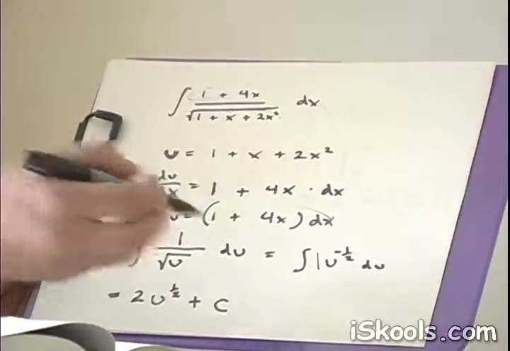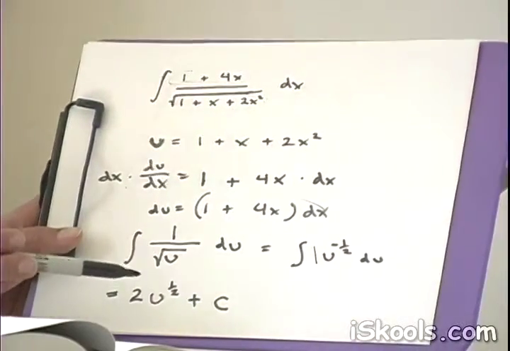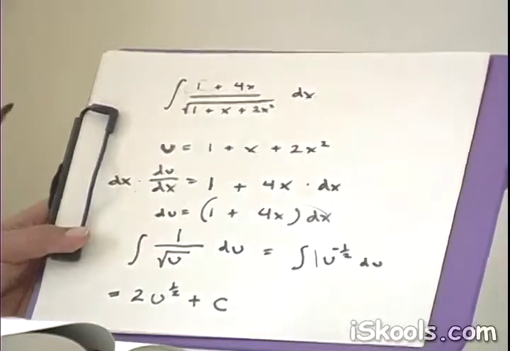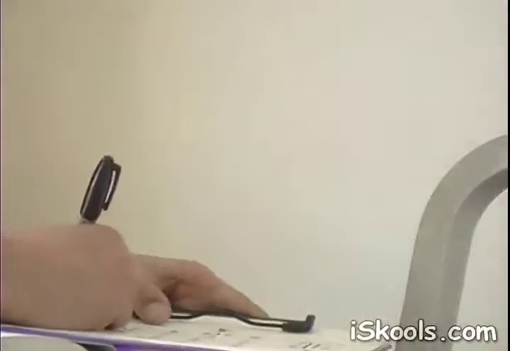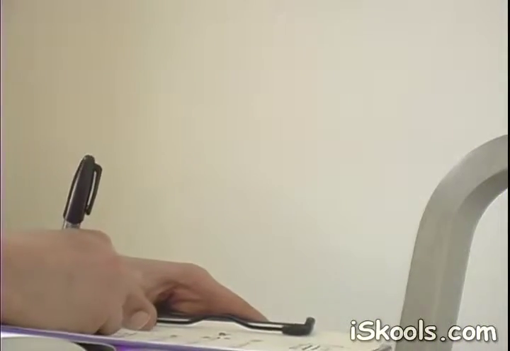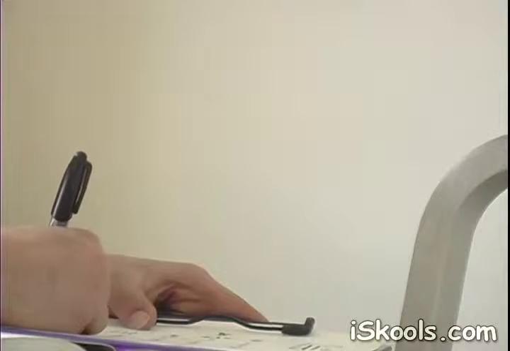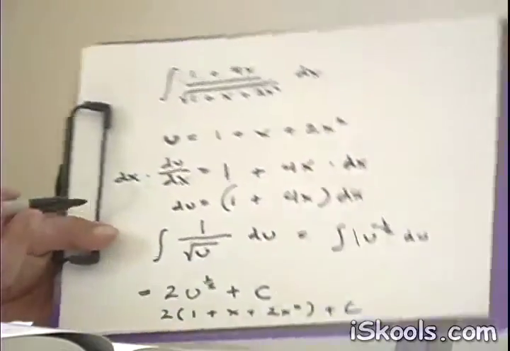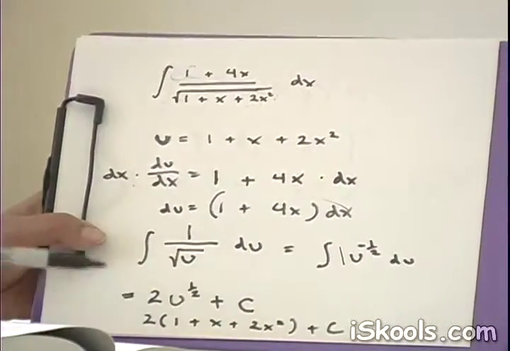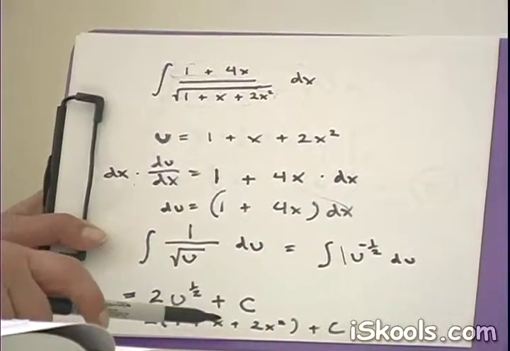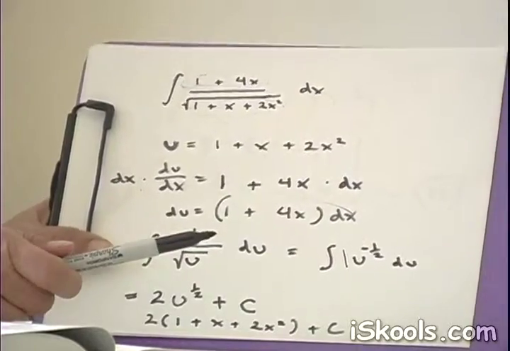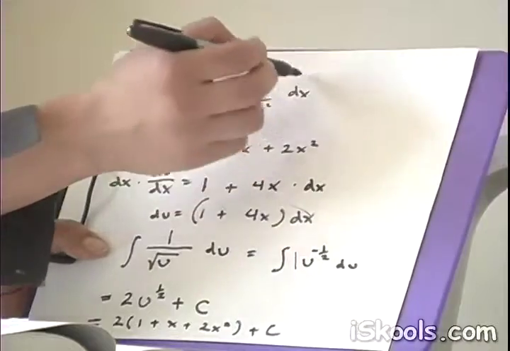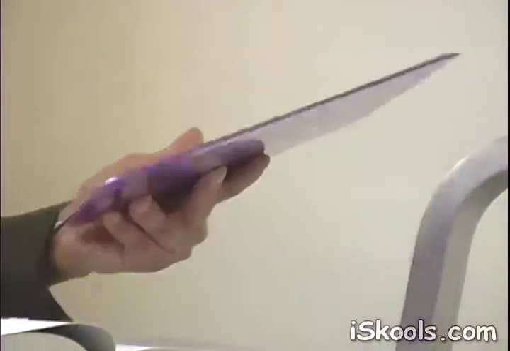At this point, I can actually substitute in my u again, which was 1 plus x plus 2x squared, and then it's completed. So this is my final answer: 2 times the square root of the quantity 1 plus x plus 2x squared, plus c. And that's the entire antiderivative for this original integral.